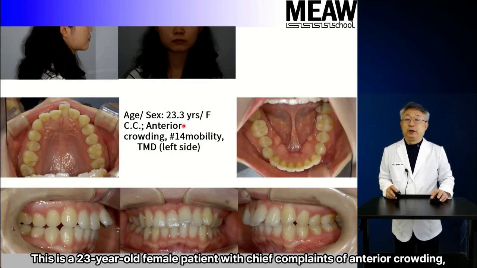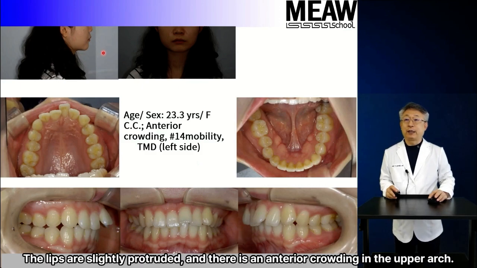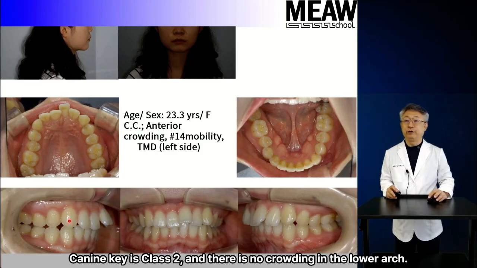This is a 23-year-old female patient with chief complaints of anterior crowding, mobility of the upper right first premolar, and TMD on left TMJ. The lips are slightly protruded, and there is an anterior crowding in the upper arch. Canine key is class 2, and there is no crowding in the lower arch.